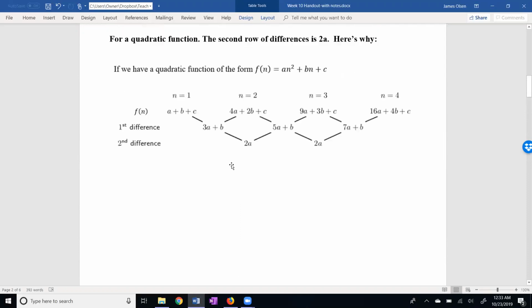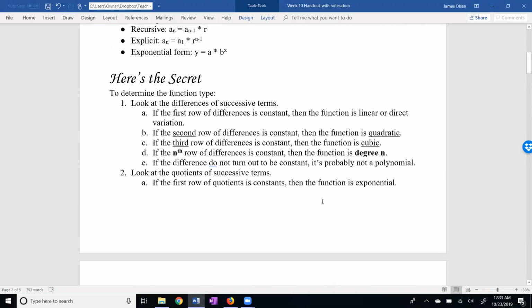So here's the secret. You look at the differences, which means we're going to subtract. If the first row of differences is constant, then the function is linear, first degree. If the second row of differences is constant, then the function is quadratic, and so on.